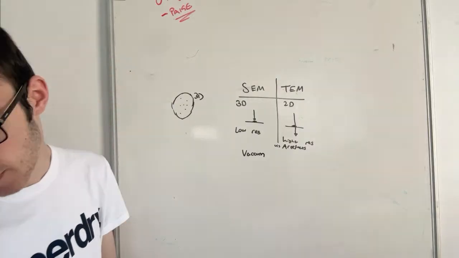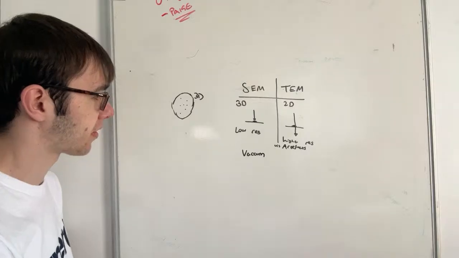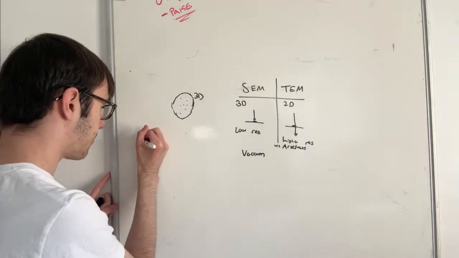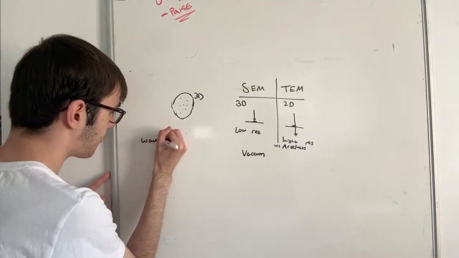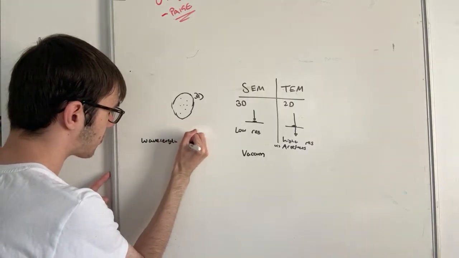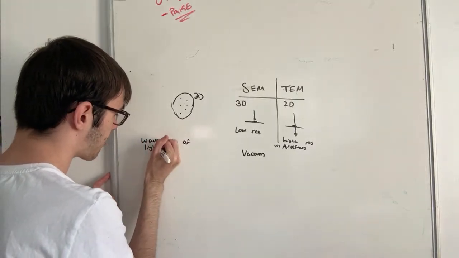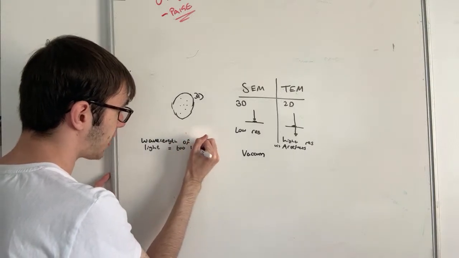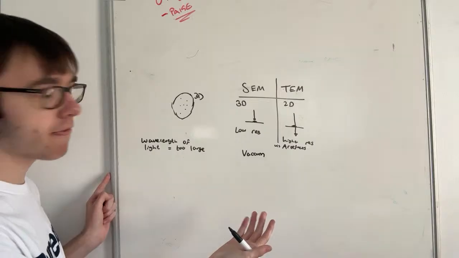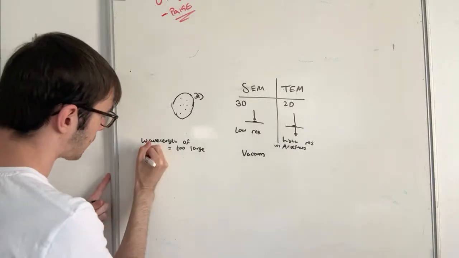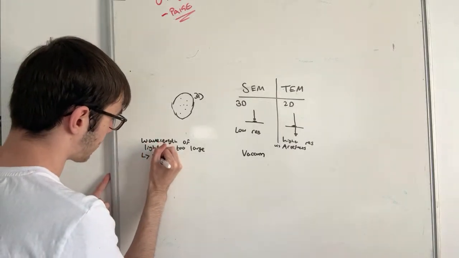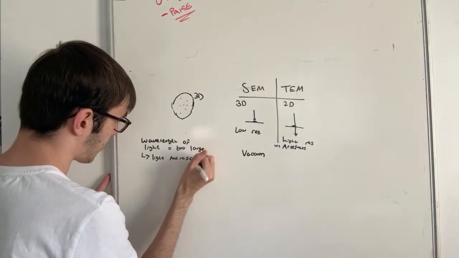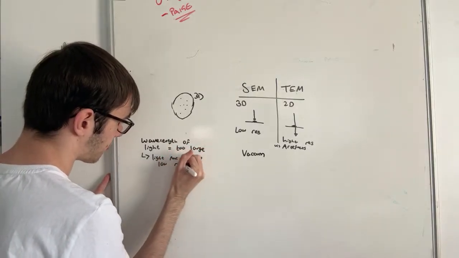This is like a 1-mark question, but I'm just going into the whole topic here. Obviously the idea that the wavelength of light is too large, therefore the light microscopes have a very low resolution.